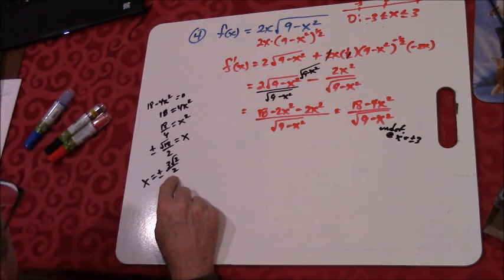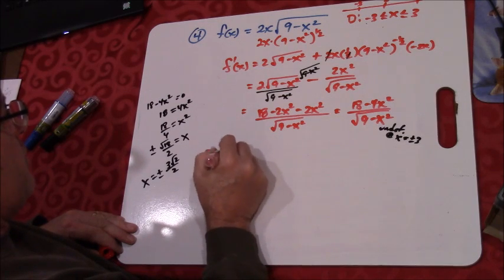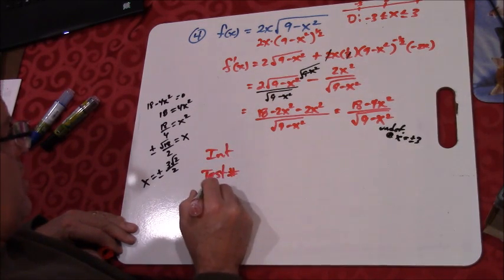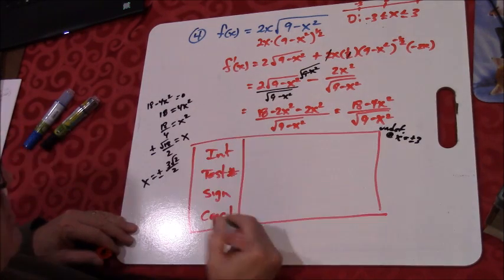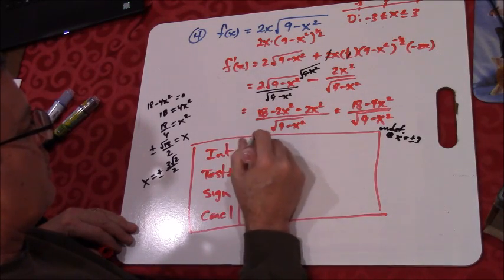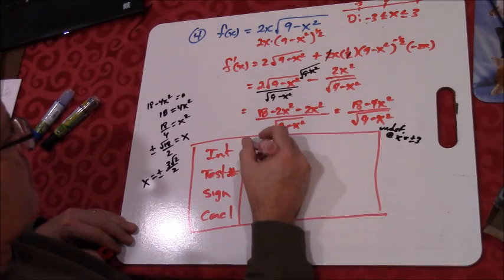Maybe it doesn't matter. Let's make our table. So I've got intervals. I want a test number. Looking for a sign, and we're going to draw a conclusion from that. All right, so we're starting at -3. There's a parenthesis there, so I know x isn't going to equal -3 because it's undefined there.